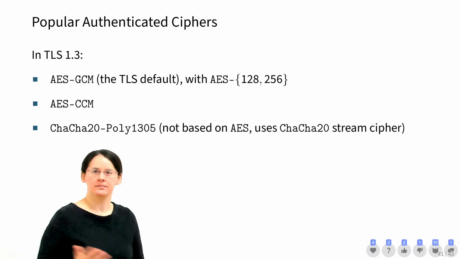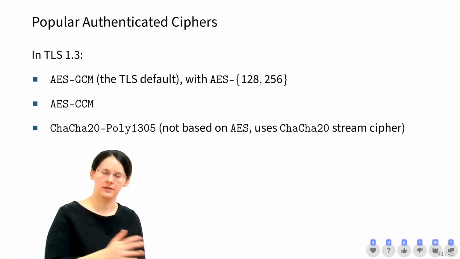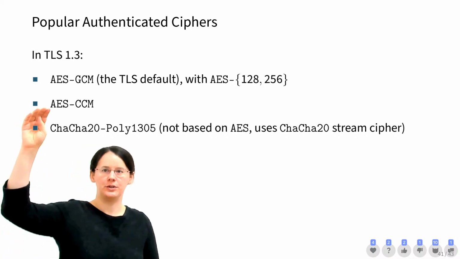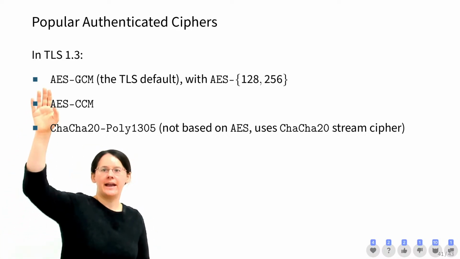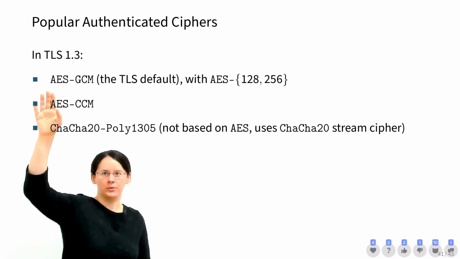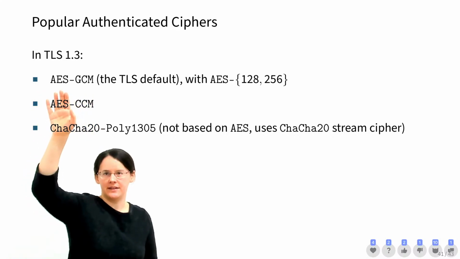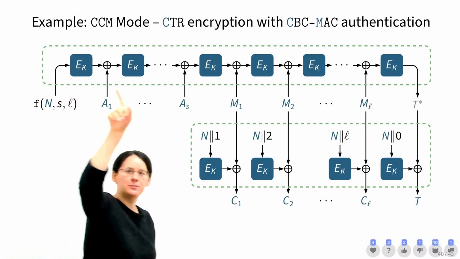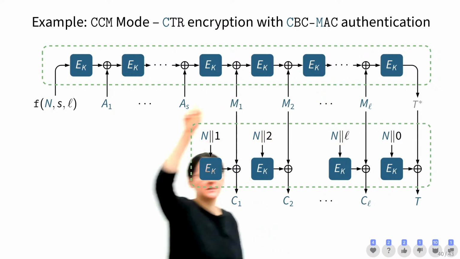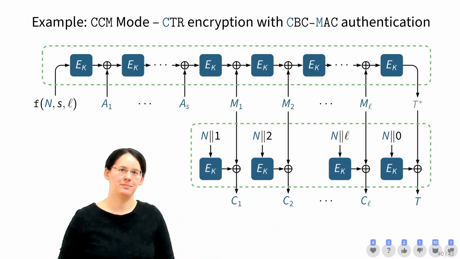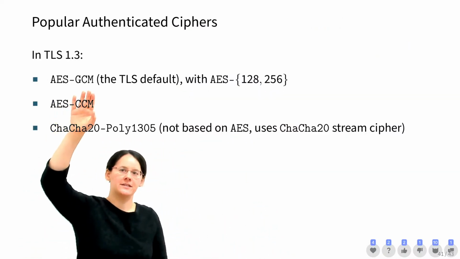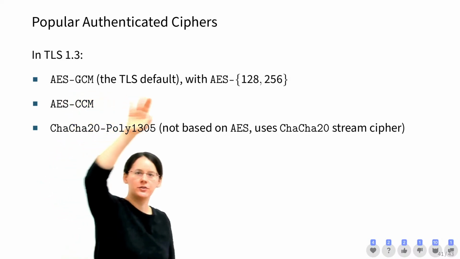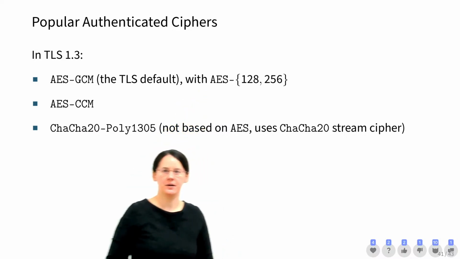So in TLS 1.3, so again, that's the HTTPS protocol, you can choose either this mode we just saw or the so-called AES GCM mode, which also takes the counter encryption mode, but it uses a different MAC. So you see here, this was also again a not parallelizable thing and a relatively expensive thing. And GCM has a cheaper version for the MAC essentially, but it also uses AES for the encryption part.